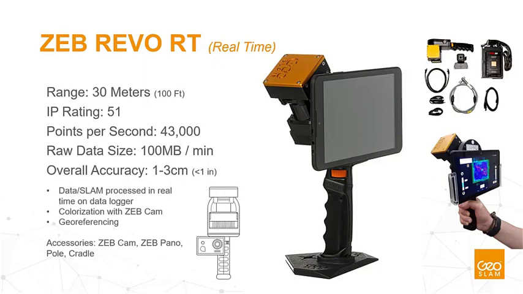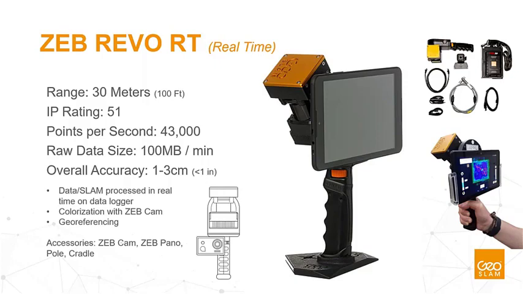And what this allows us to do is we can connect any mobile device, such as the phone in your pocket or a tablet or laptop or anything that's got Wi-Fi capabilities and a web browser is able to access the data logger and use a browser-based application to view your data in real time as you're collecting it.